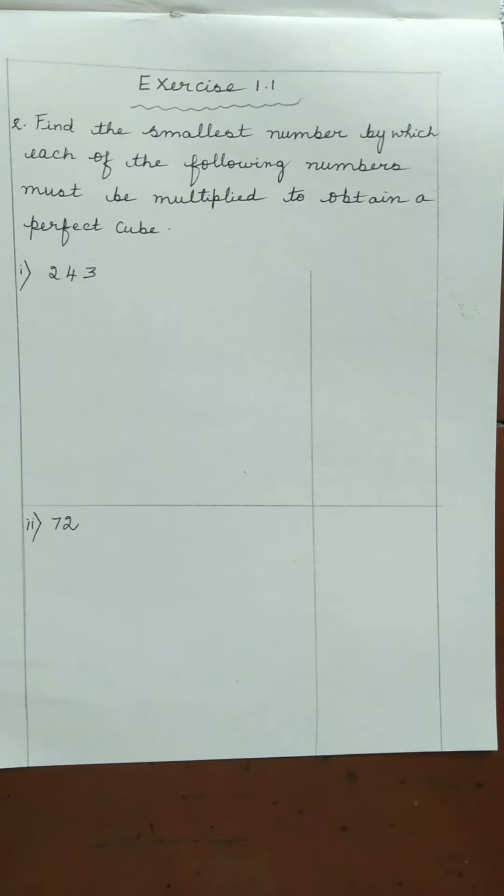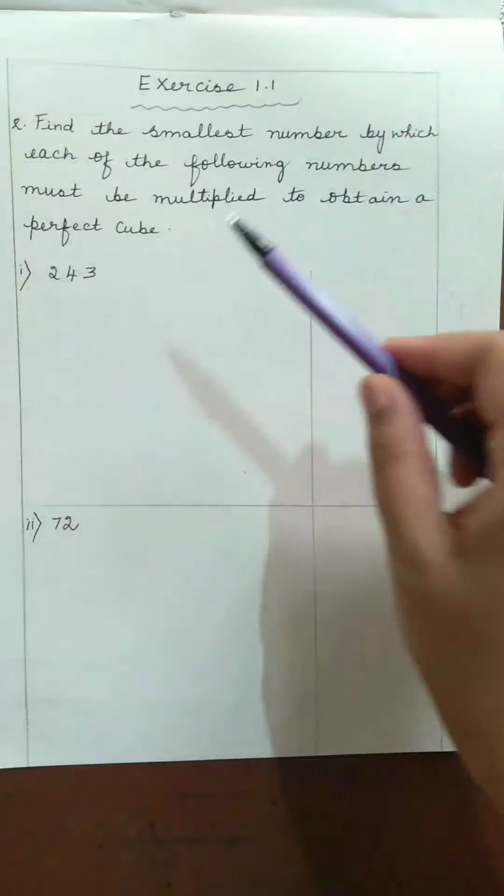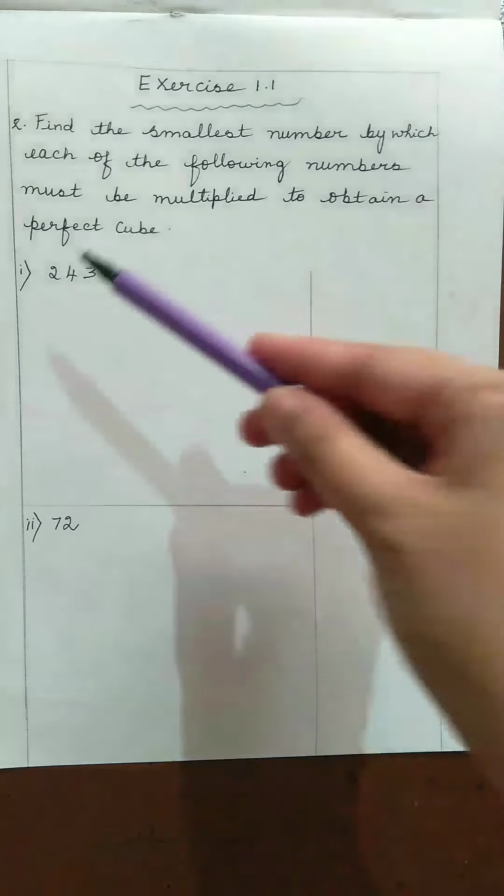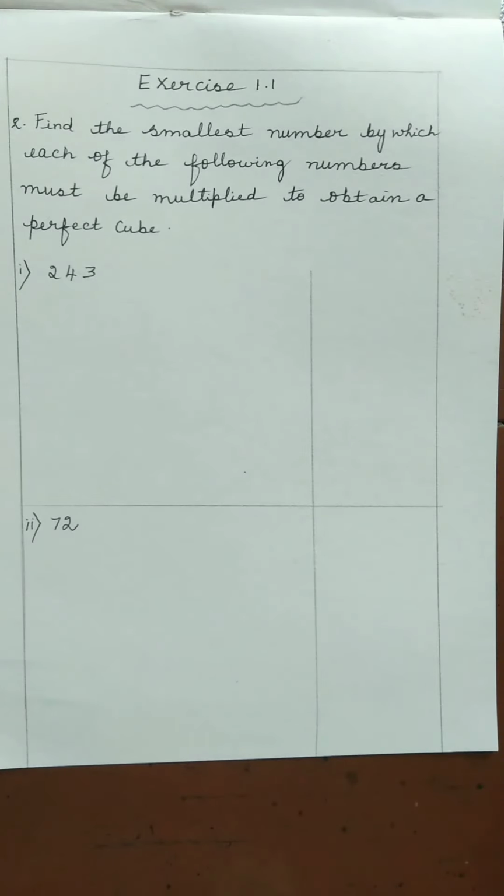We know that the numbers obtained when a number is multiplied by itself 3 times are known as cube numbers or perfect cubes. And we also studied in the last video the numbers from 1 to 10 that come under perfect cubes. So, today we shall learn how to find the smallest number so that when you multiply it to a particular number, we will get a perfect cube.